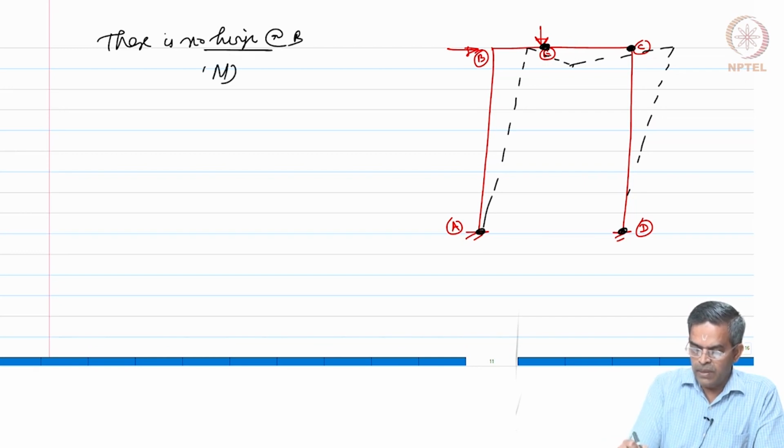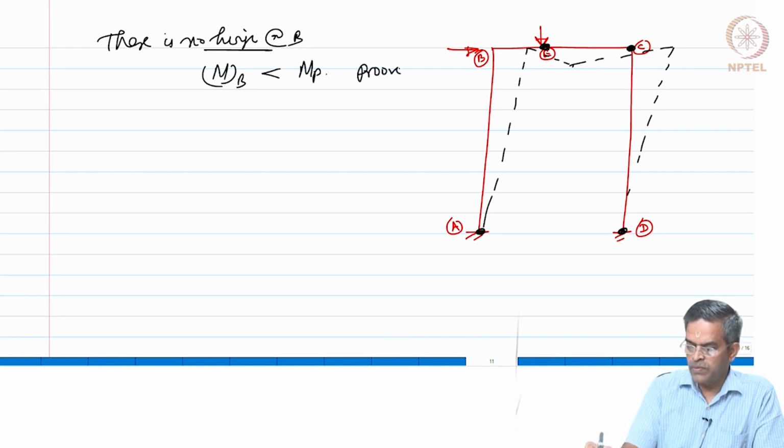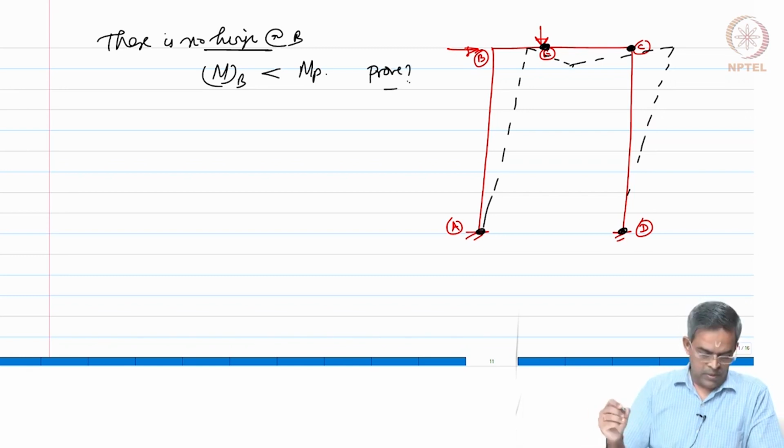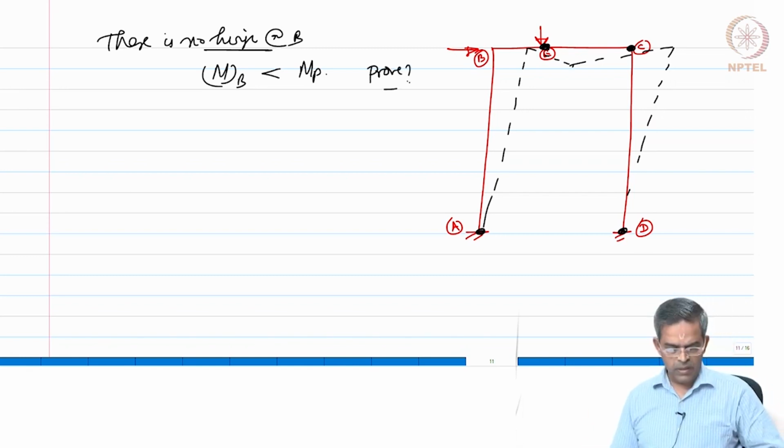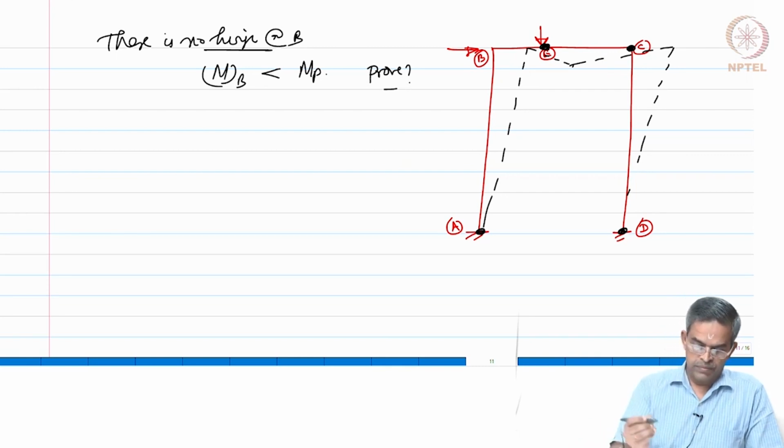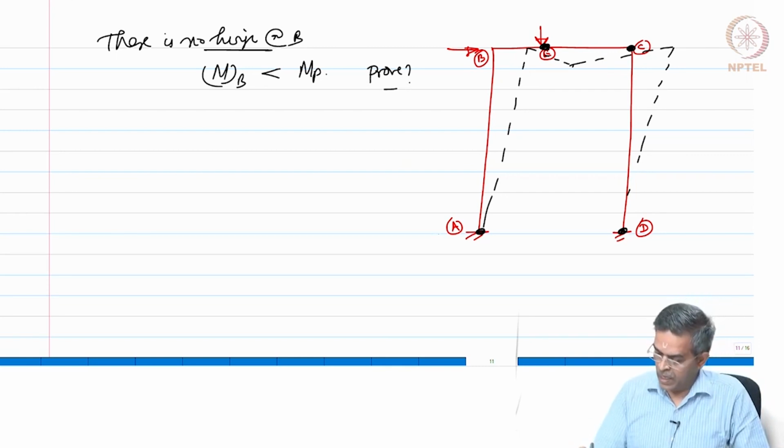So, M at B is lesser than MP. So, we have to prove this, is it not? Because we do not have a hinge at B. So, we have a hinge here. So, let us draw the bending moment diagram on the tension side.